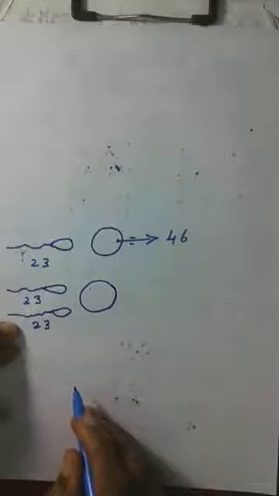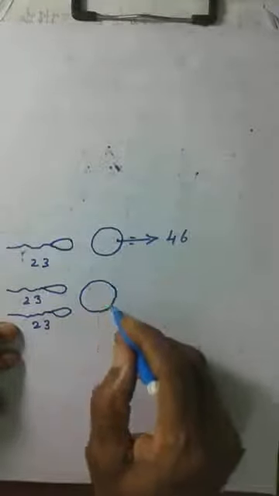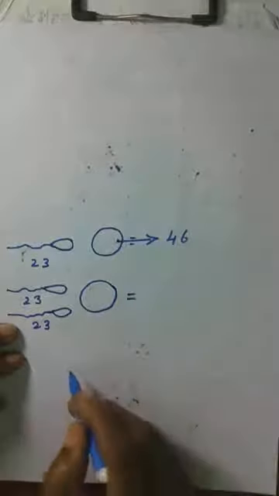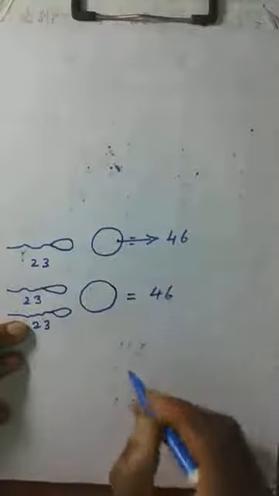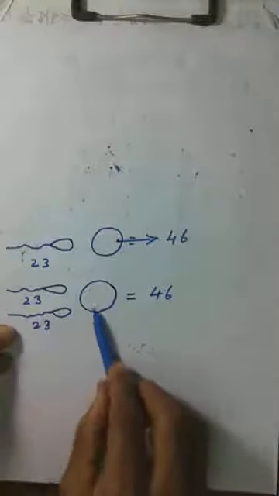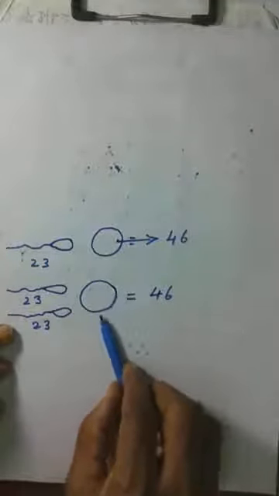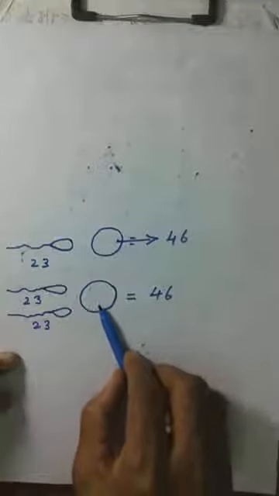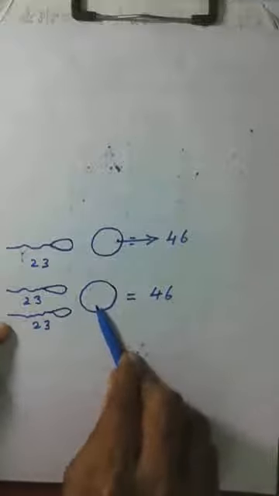Both will come inside this ovum and there will be 46 chromosomes, but in this case also there is no contribution from the ovum. There is no nucleus, so no chromosomes.